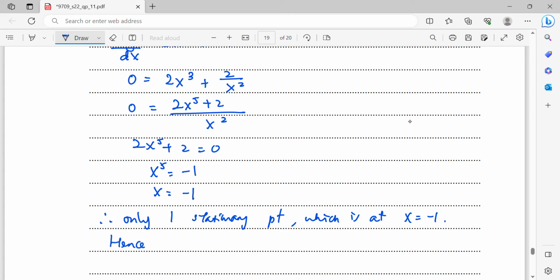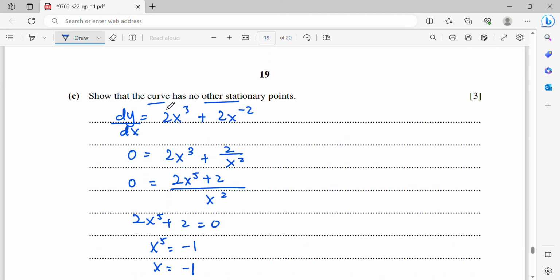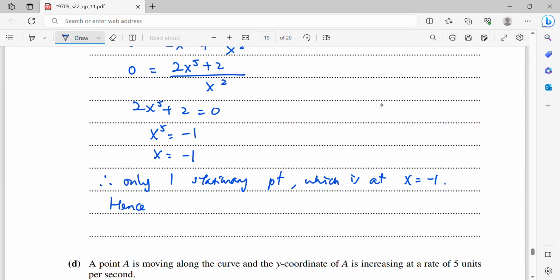Hence, the curve has no other stationary points. Right? Because there's only one x value. That's why only one stationary point.